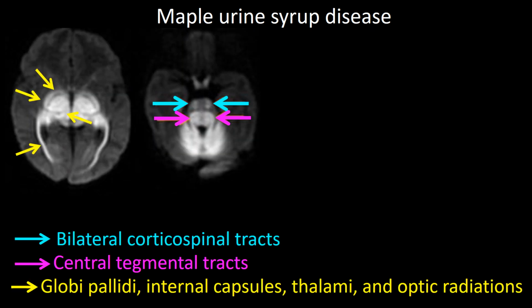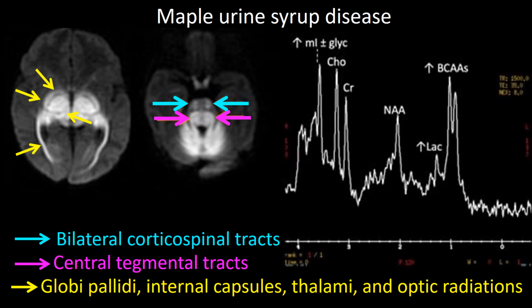MRI of the brain often shows intramyelinic edema characterized by marked diffusion restriction along myelinated white matter of the cerebrum, cerebellum, and brainstem. In addition, we often see pathology at the level of the globi pallidi and the thalami.